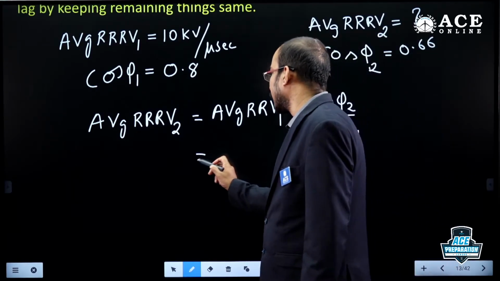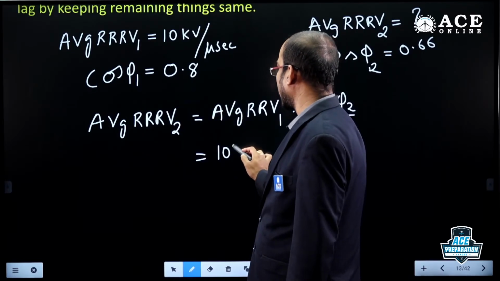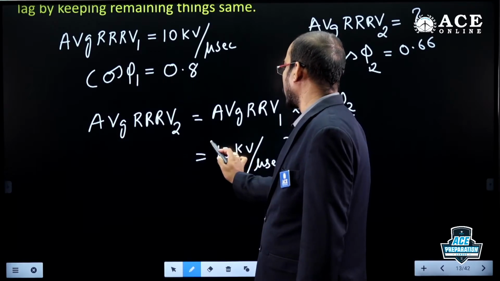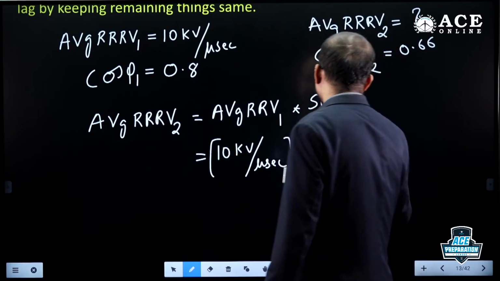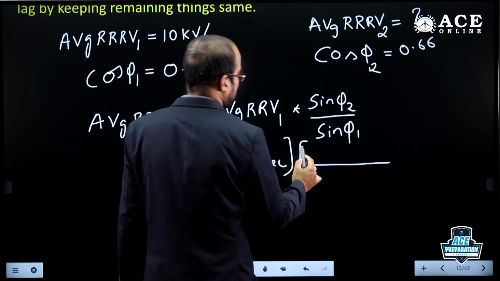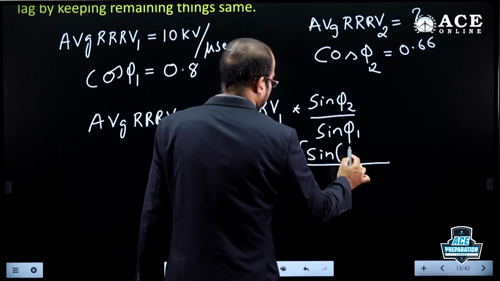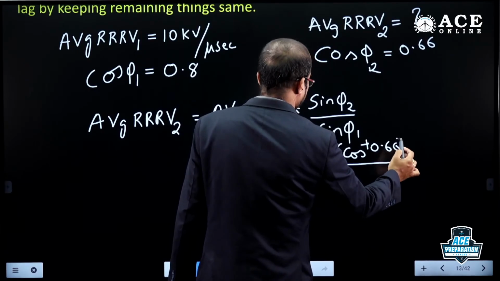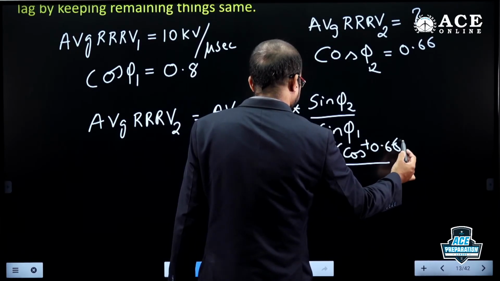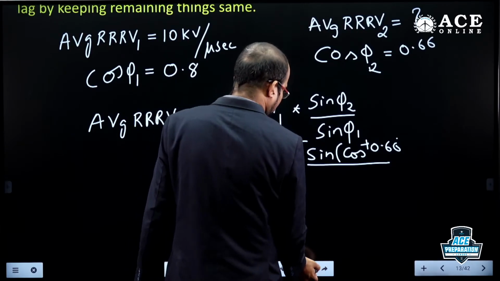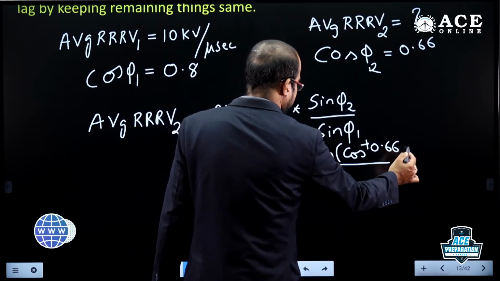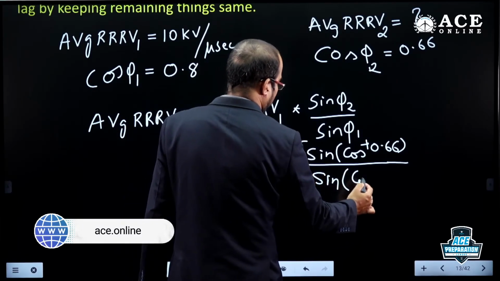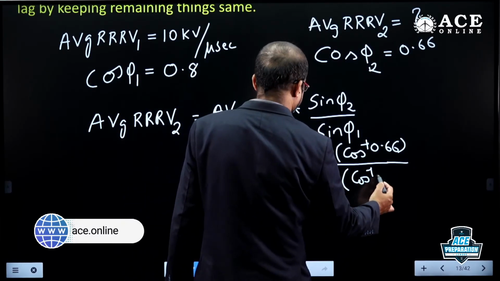In the first case, the average RRRV is 10 kilovolt per microsecond, as given in the question. Sin phi 2 we can write as sine of cos inverse of 0.66, divided by sine of cos inverse of 0.8.